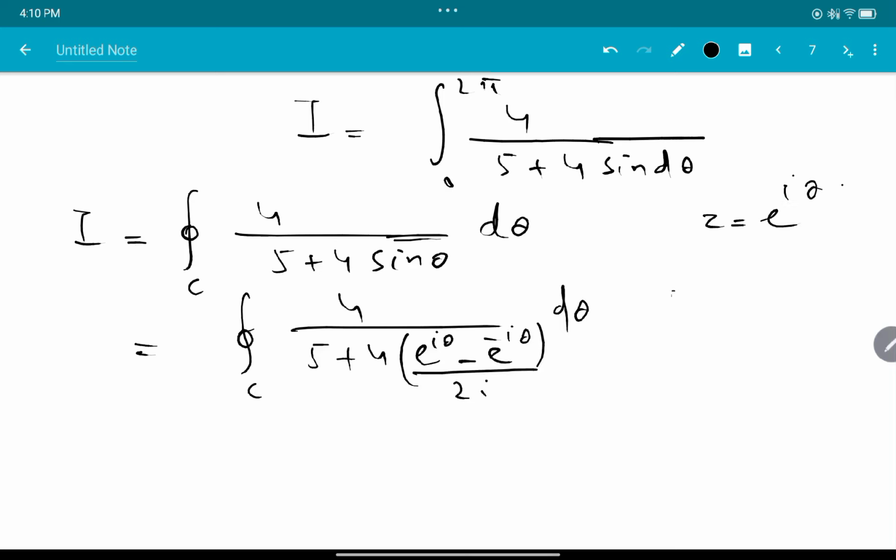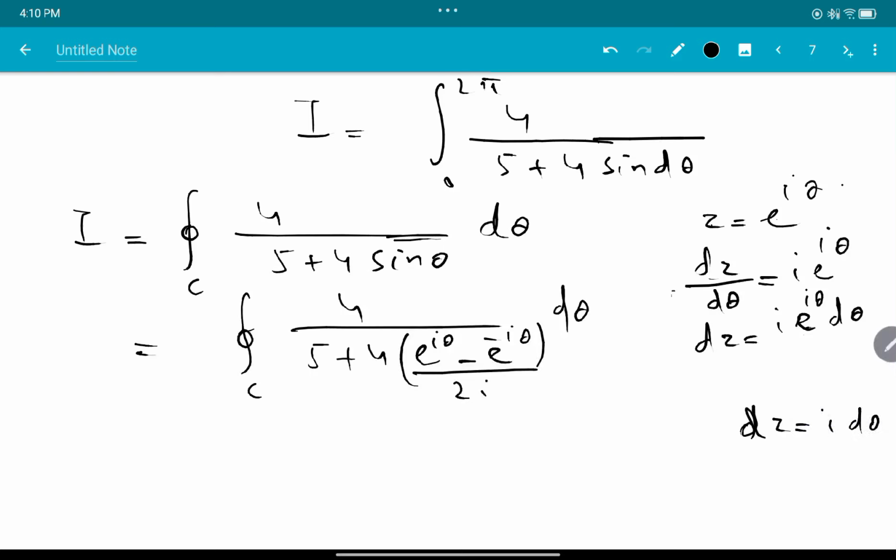Then dz by d theta will be equal to I e raised to I theta. That gives me dz is equal to I e raised to I theta d theta. But e raised to I theta is equal to z, so I have dz is equal to I z d theta.